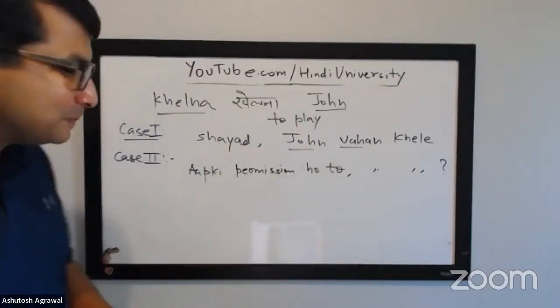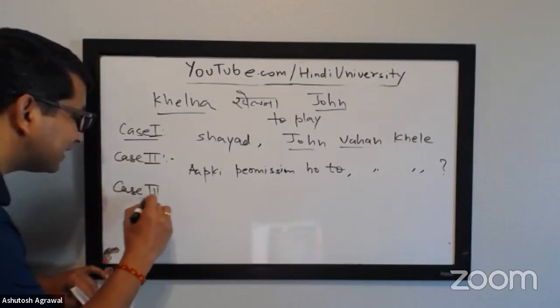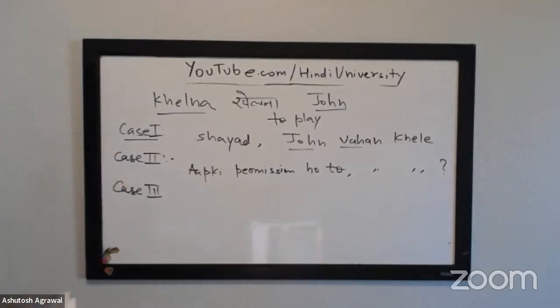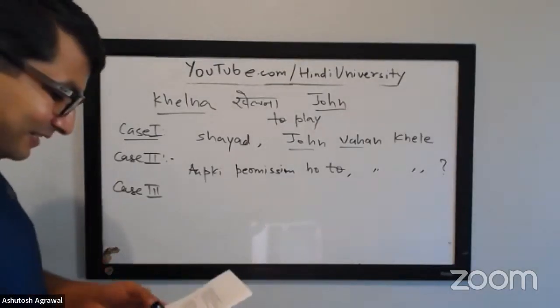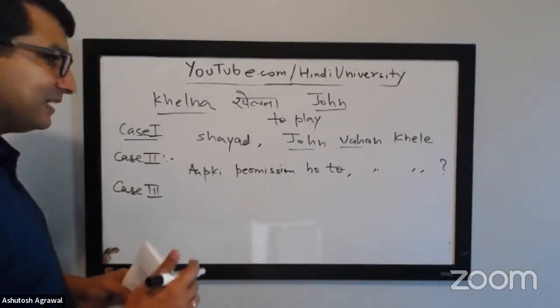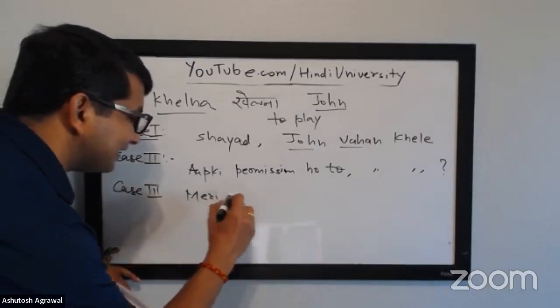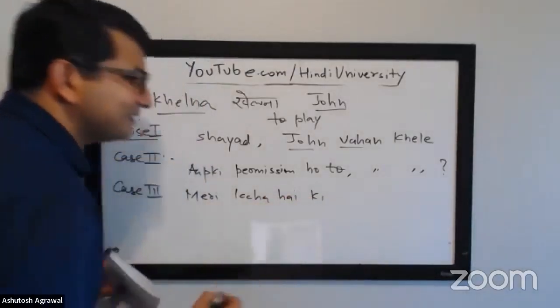Okay. Now case number 3. What was case number 3? Who remembers? First was possibility, second was seeking permission. What was the third one? Wish or desire. Yes, wish or desire. How will you say that, Nandini ji? You can say मेरी इच्छा है कि जॉन वहां खेले.